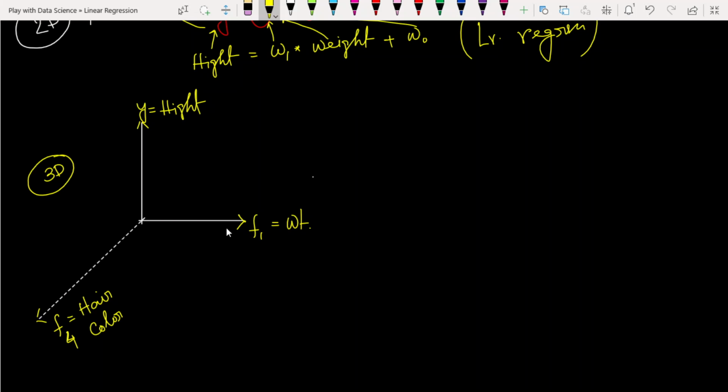If we have two features, then our independent variable, which we call xi, has two components, that is xi1 and xi2. Okay, and xi1 is for what? xi1 is responsible for our weight, and xi2 is responsible for our hair color.